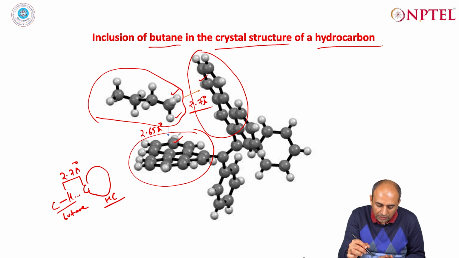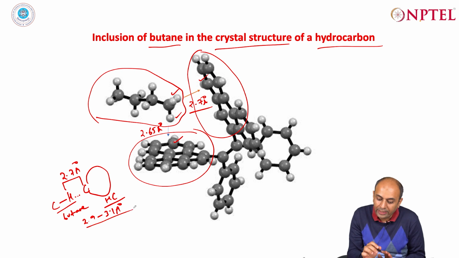Traditionally, CH-pi contacts lie between 2.9 and 3.1 angstrom, but in this case the distance is quite short. So this is shorter than the sum of the van der Waals radii, again telling you about CH-pi hydrogen bonds.